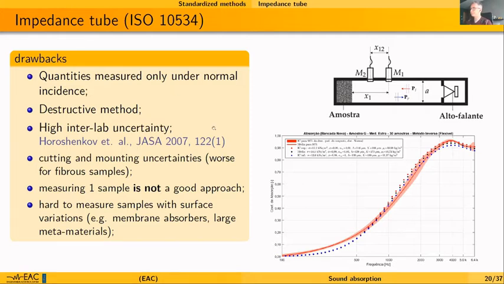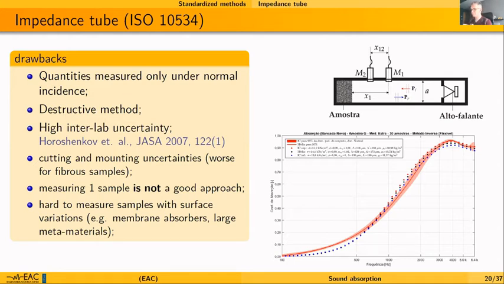It is a destructive method, so we have to cut the sample to be able to measure. There has also been evidence of high interlab uncertainty reported in the past. And we also found out, in a project we had with Embraer, the Brazilian aircraft company, that only cutting the samples and mounting them in the tube already represents some uncertainty in the measurement.